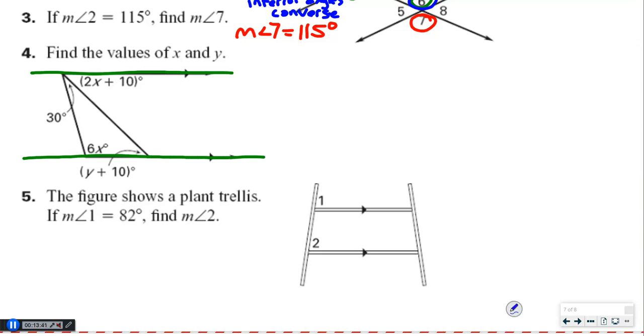And then we have 2 different transversals. So our other 2 lines are both transversals. But we need to find x and we need to find y. Let's look at x. We have a 2x plus 10 and a 6x.